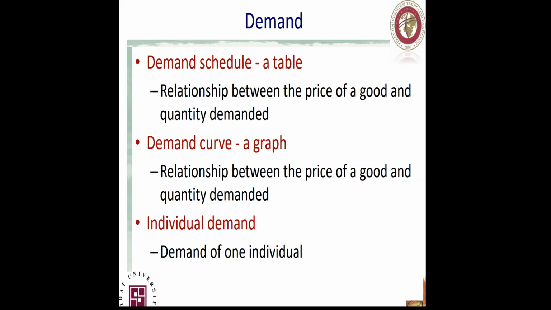And from this table or schedule, we can create something we call the demand curve. This curve is actually a type of graph where we put every dot that links the price and the demanded quantity at a certain price, and we connect all these dots together, then we will have a curve.